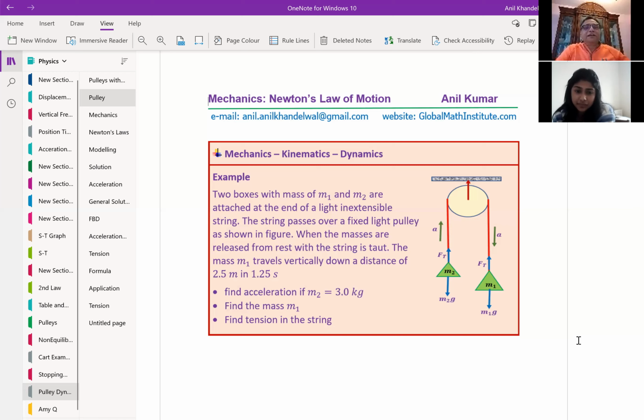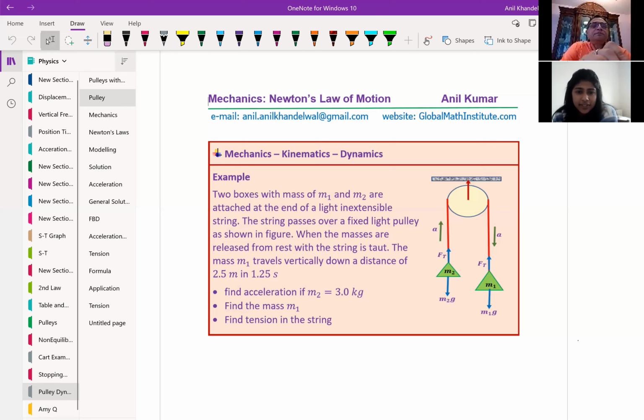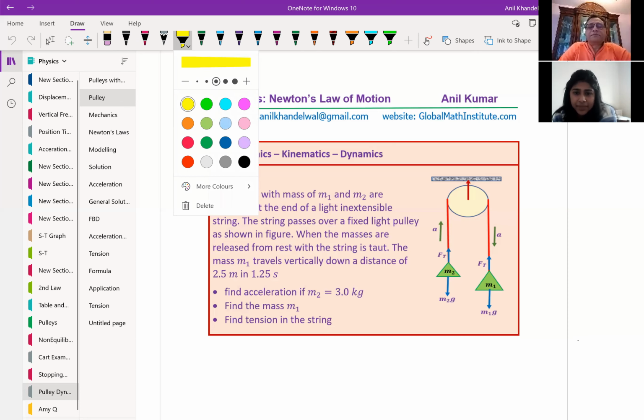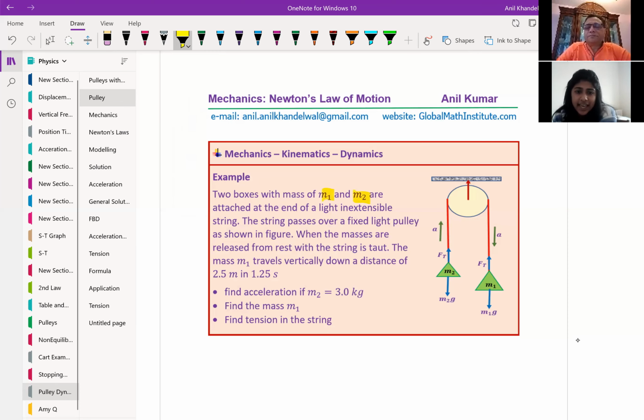Can you please read the question on the screen? Two boxes with masses M1 and M2 are attached at the ends of a light inextensible string. The string passes over a fixed light pulley, as shown in the figure. When the masses are released from rest, the string is taut.